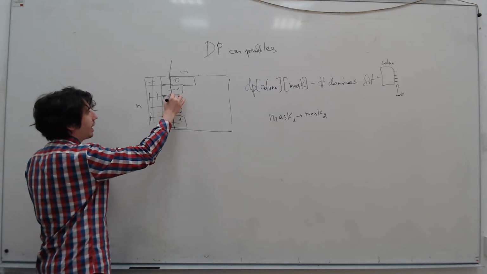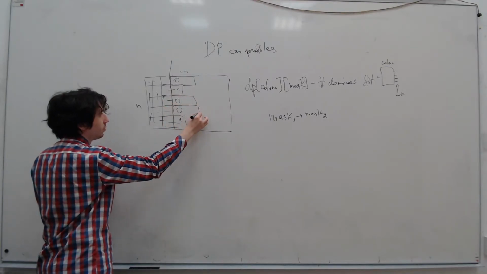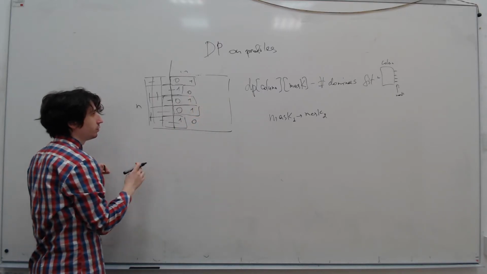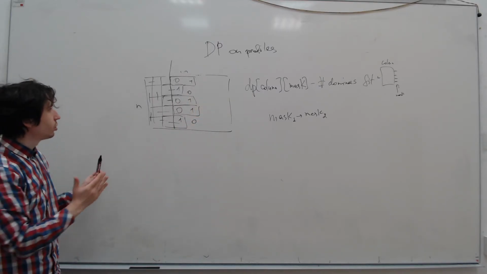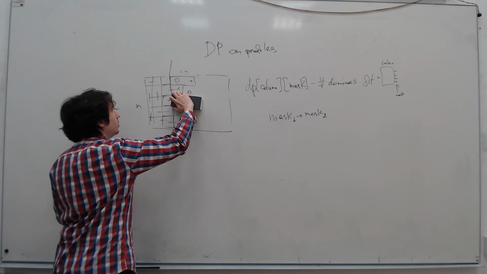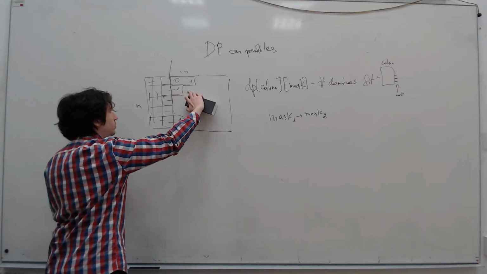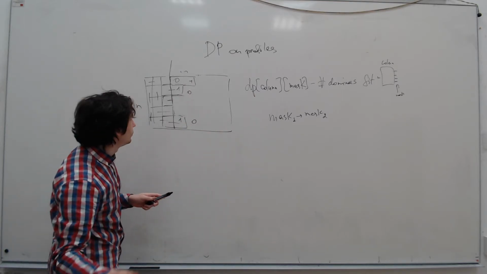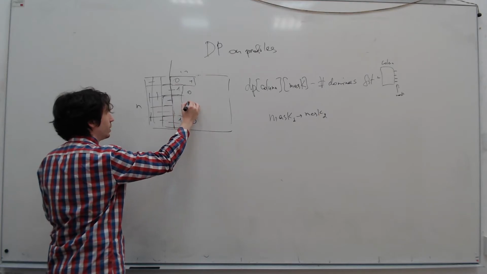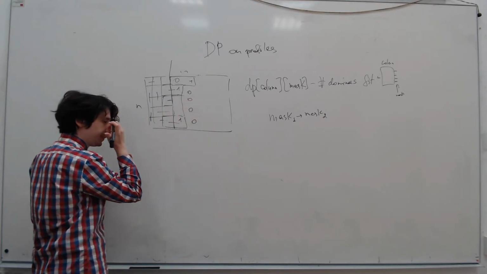You either add them like this and get to 1, 0, 1, 1, 0, or you can put a domino vertically there and you will get 0, 0 here.